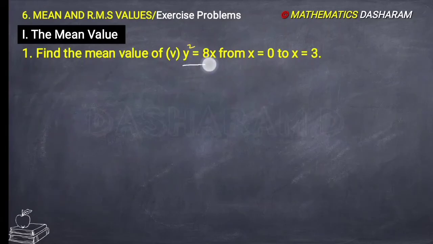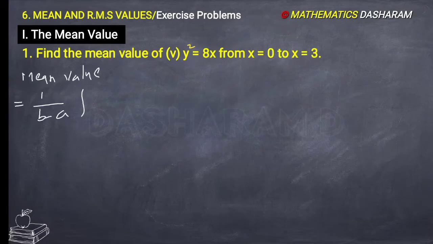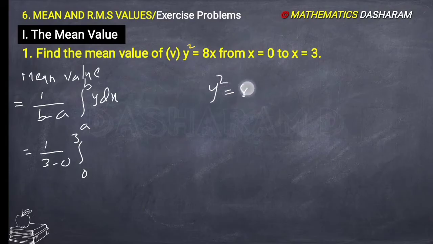Fifth question, y square equals 8x from 0 to 3. So the mean value formula is 1 by b minus a, integral from a to b of y dx. So it is equal to 1 by b minus a, where b value is 3 and a value is 0, 0 to 3. So actually y square equals 8x.